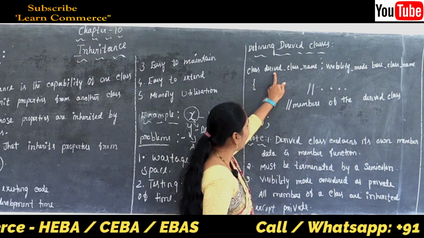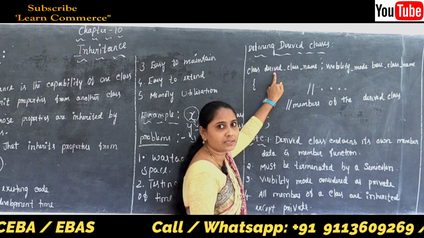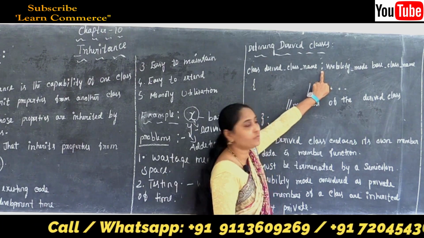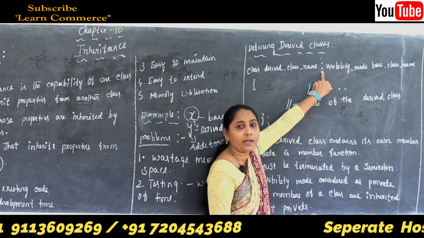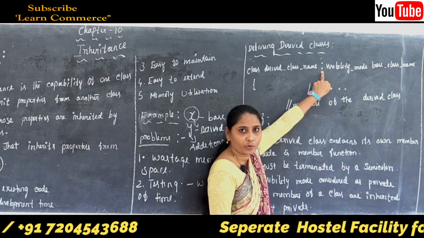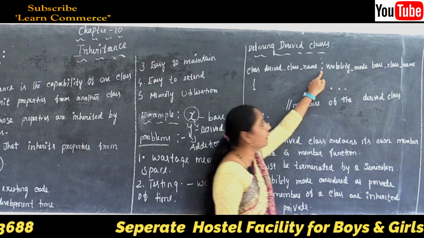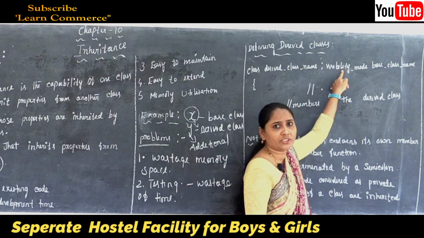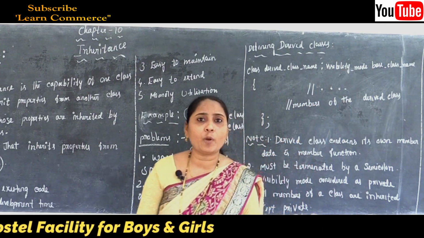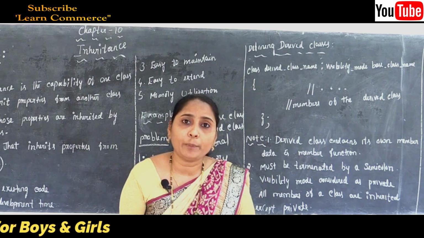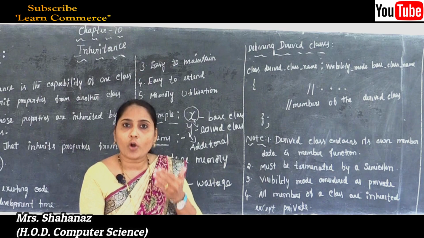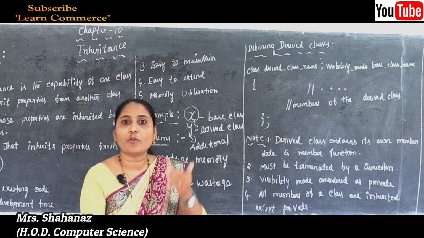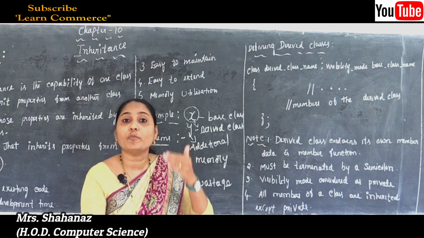First of all, we need to write the derived_class_name, and afterwards we use the colon, that is, writing a colon after the class name, and then the type of derivation. Many types of derivation are there. You want to access the features of the base class, but from which side?